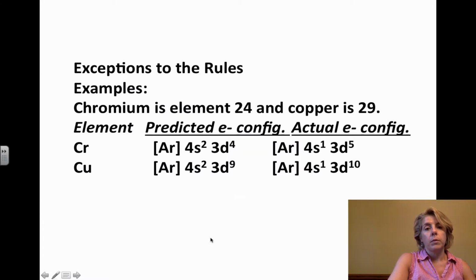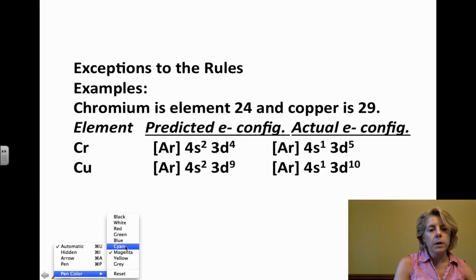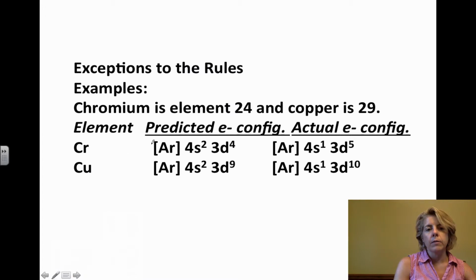Here are some examples. Here we have chromium. Chromium is very close to having its 5th d electron, so you would think that it would be 4s2 3d4, but what happens is you lose an electron in the s orbital and it's given to the d orbital, and this actually is more energetically stable. That's why we see an electron configuration like this.